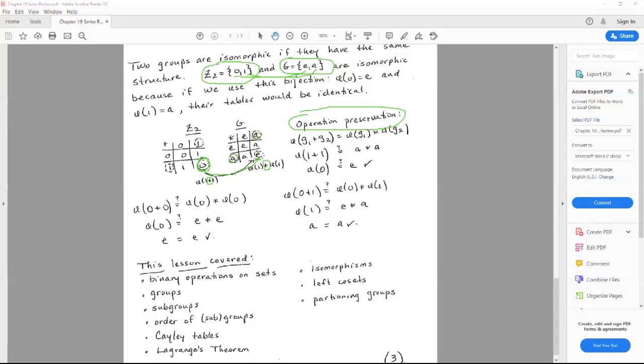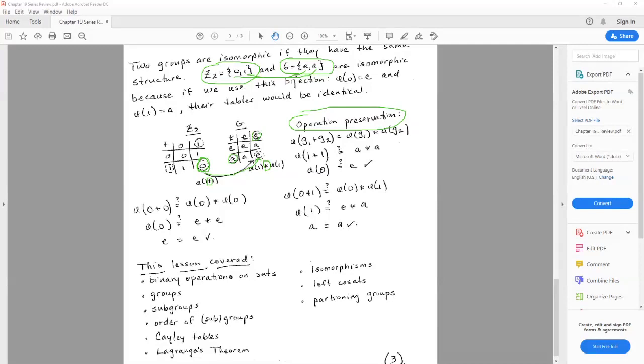And if we go through each case, we can see that that is structurally sound. We do have the operation preservation here. For example, if I take phi of 1 plus 1, which we know is 0, the image of that is phi of 1 times phi of 1, which is a times a.